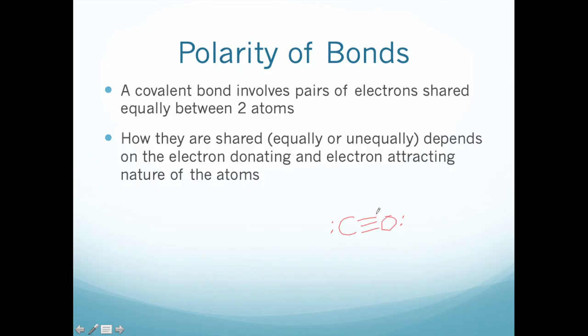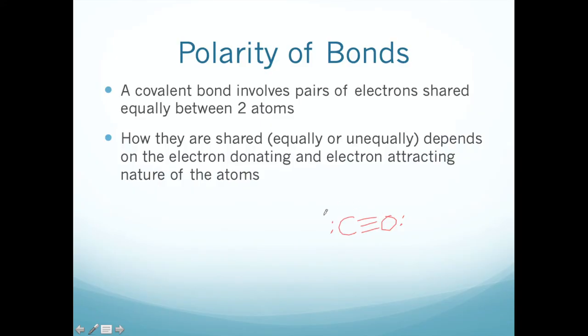It is, well, actually a lot more electronegative, which means it really wants these electrons more than the carbon does. Now, they're still sharing the electrons. It's still a covalent bond between them, but the oxygen's kind of winning that tug of war. It's pulling the electrons a little bit more towards it.